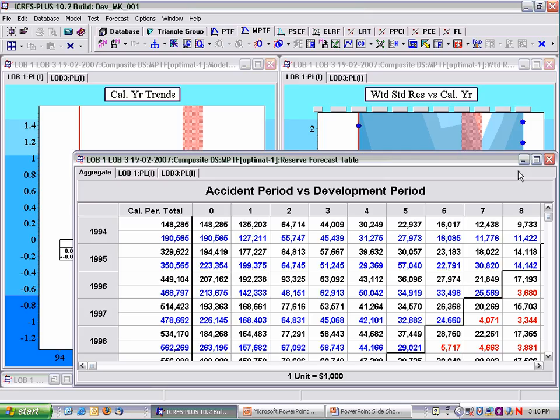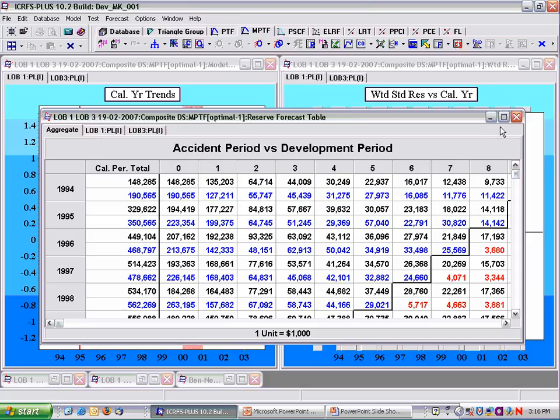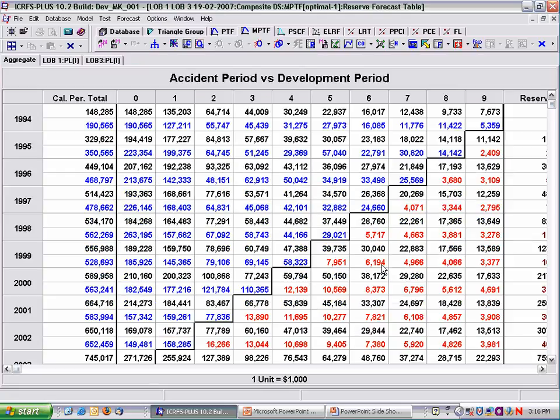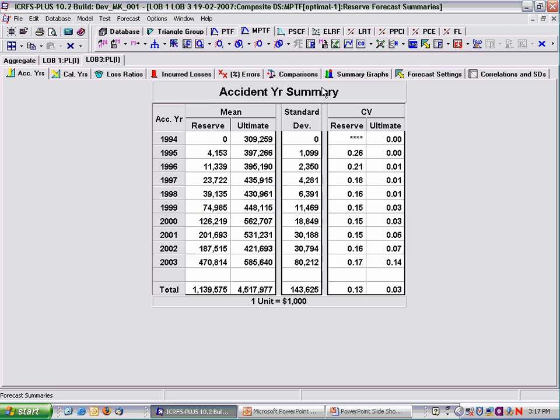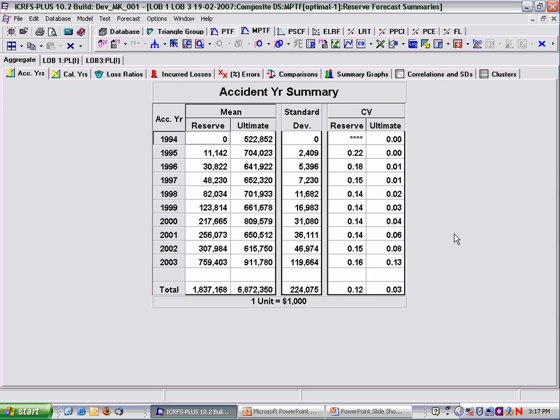So we've just done that, and because we have positive correlations, in the aggregate table the variance of a sum will be larger than the sum of the two variances. Let's go to forecast summary, let's go to the aggregate, and let's look at correlations.